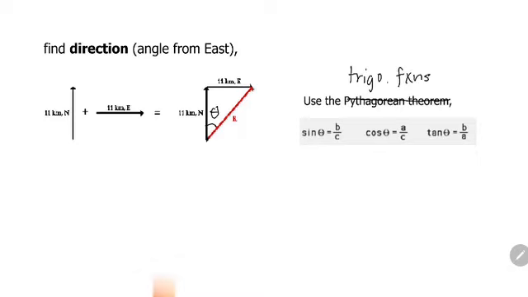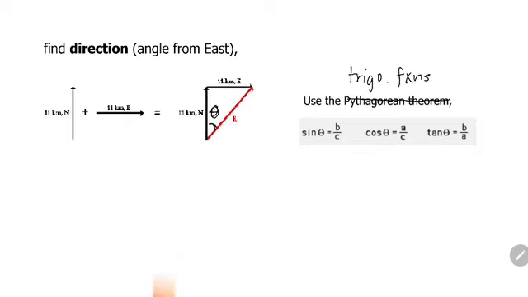So, ano yung pwede kong gamitin para makuha ko yung angle? Which is this one, the theta. Given ako ng opposite of the angle and adjacent of the angle. So, aling trigonometric function yung pwede kong gamitin? Opposite and adjacent. So, yung tangent, diba?